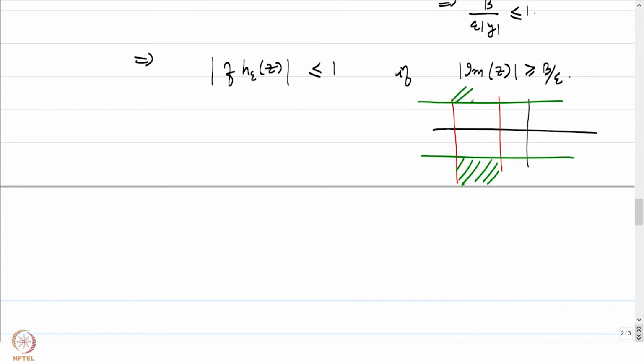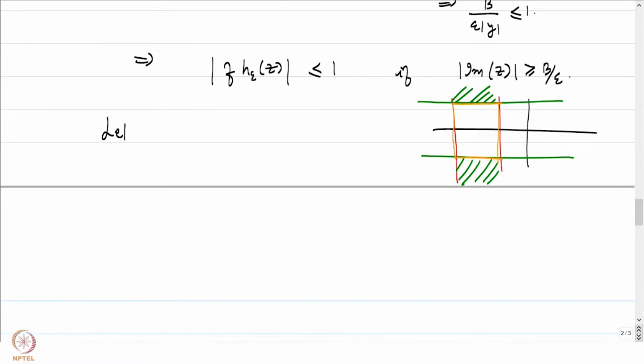So what we have just established is that in this shaded region, all the way going up to infinity in both the directions, our function f h epsilon is less than or equal to 1. Now by picking the orange and capturing the boundary, this boundary is the boundary of a rectangle.